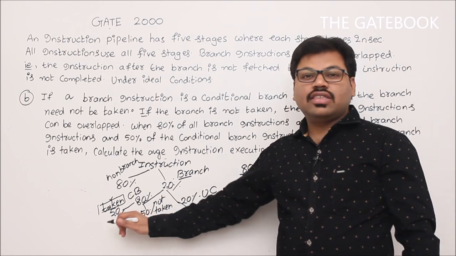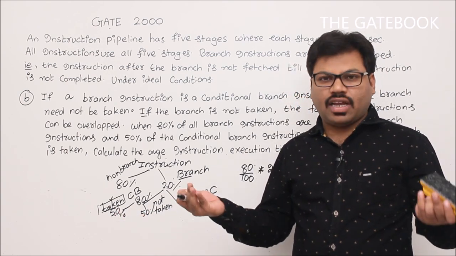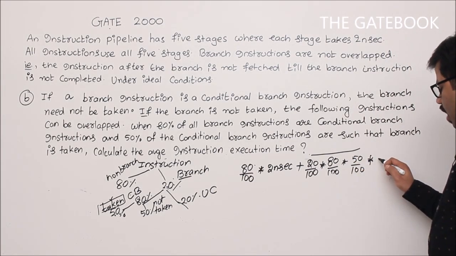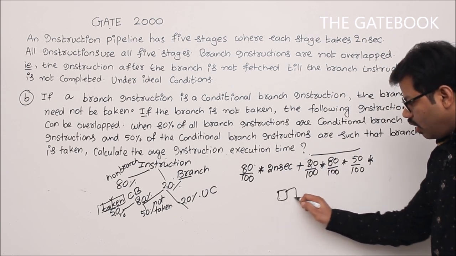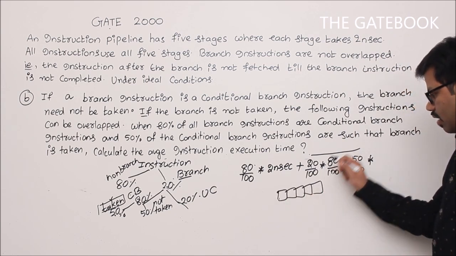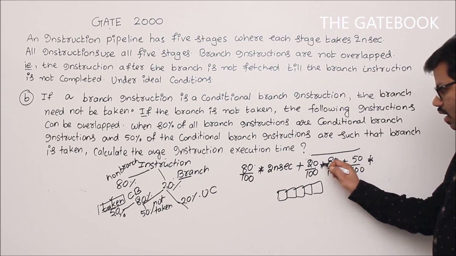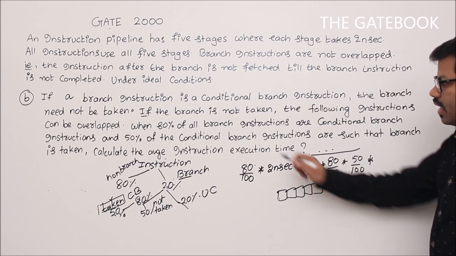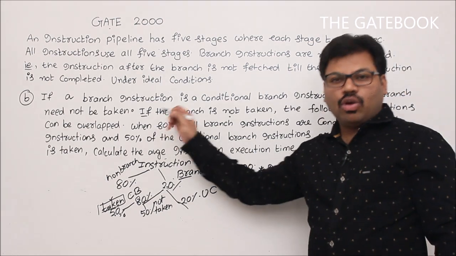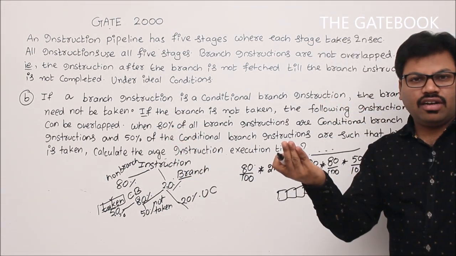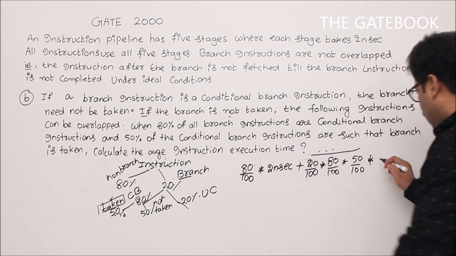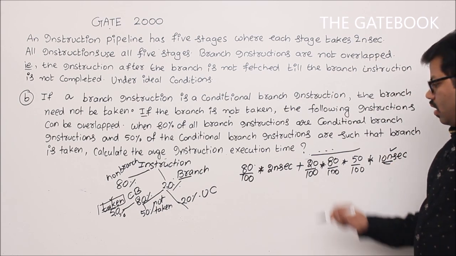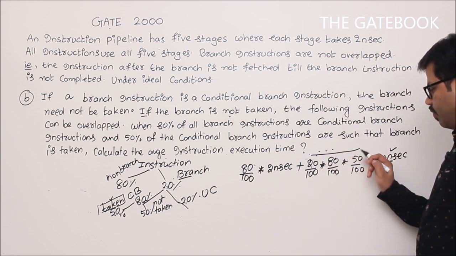That means all these instructions are branch instructions with full penalty, so they will have a 5 stage delay, because they are not allowing overlapping. When the branch is taken, the problem clearly says we cannot overlap, so they require a 5 stage delay, that means 10 nanosecond. Now try to understand: all these instructions require 10 nanosecond. How many? 20% on that 80% on that 50%.